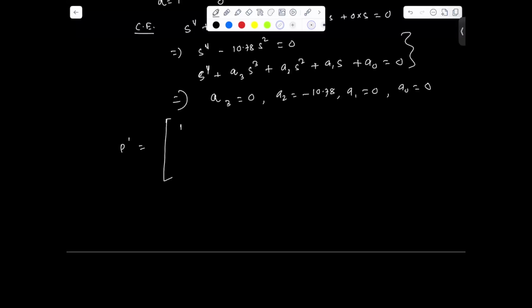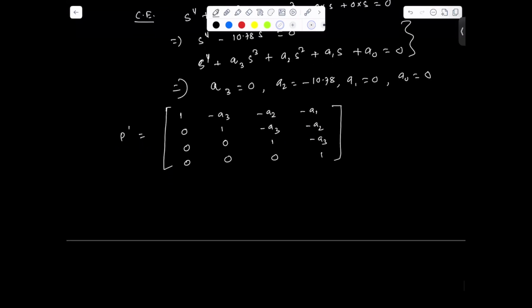So here the first row is 1, minus A3, minus A2, minus A1; then 0, 1, minus A3, minus A2; then 0, 0, 1, minus A3; and 0, 0, 0, 1. You can follow how P dash came here; in the last lecture we explained it in detail.